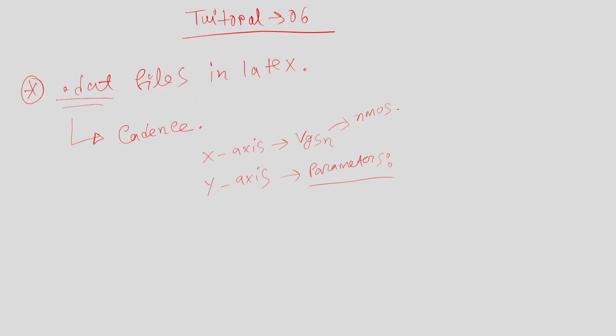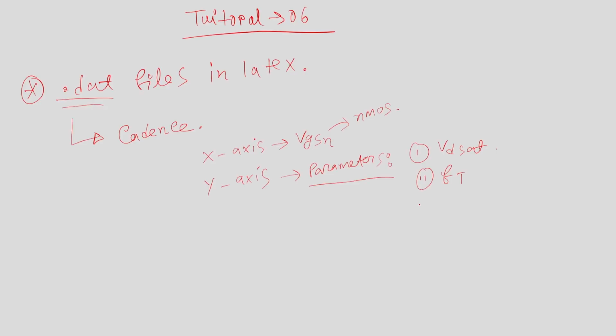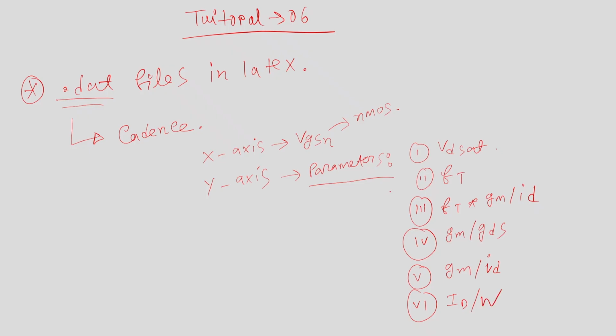If you recall, the parameters such as VDSAT, FT, GM over ID, and then we have GM over GDS, and then we have ID divided by W. So there are tons of parameters that you have.